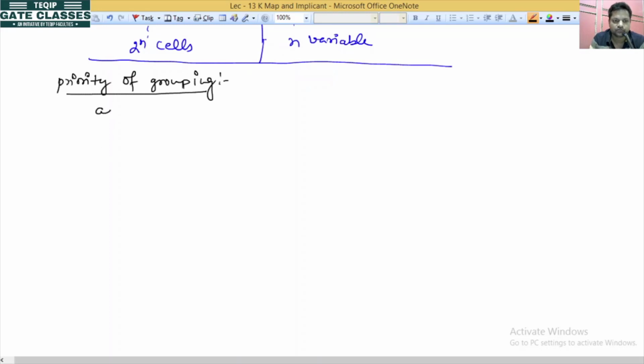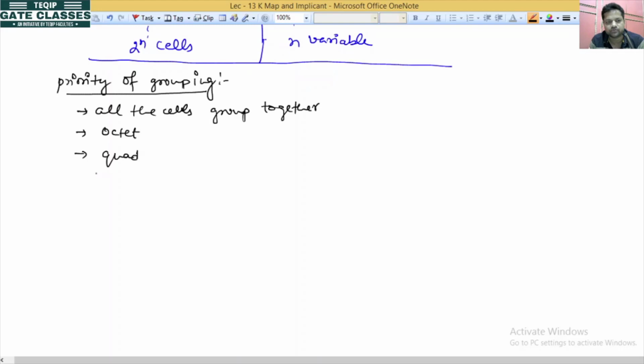Suppose the maximum grouping that occurred is of 8 cells, so we move for octet first, then we move for quad.